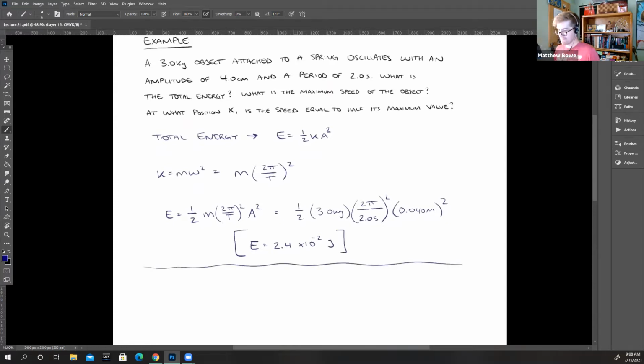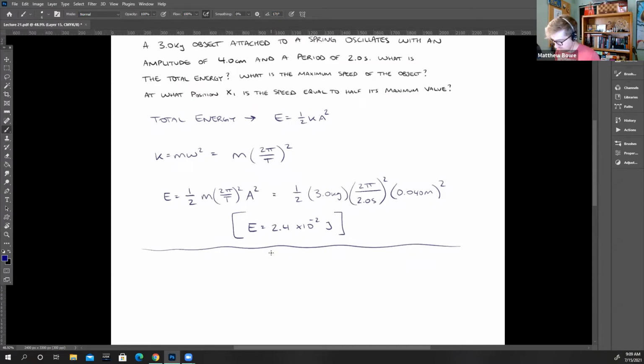All right. So total energy, what is the maximum speed now? The maximum speed is at one instant when the spring is oscillating. Remember back to that graph, at one specific instance, the kinetic energy was all of the energy in the system.